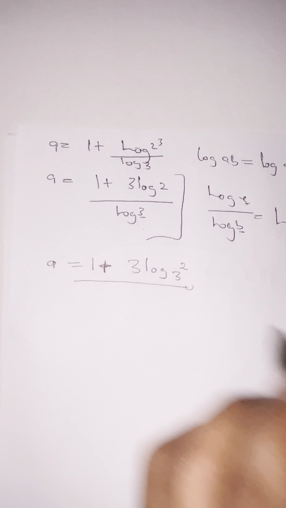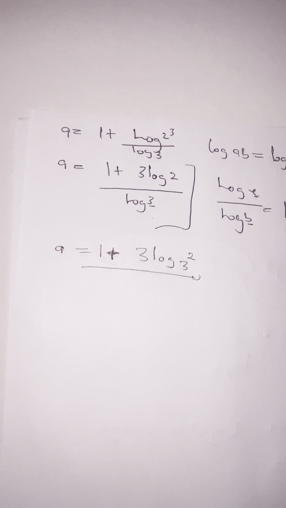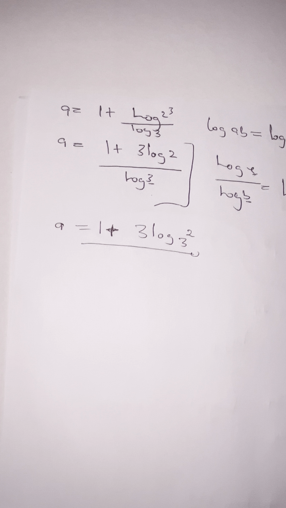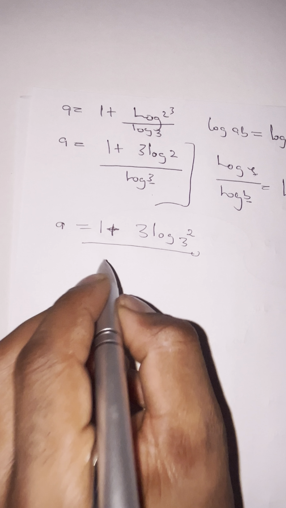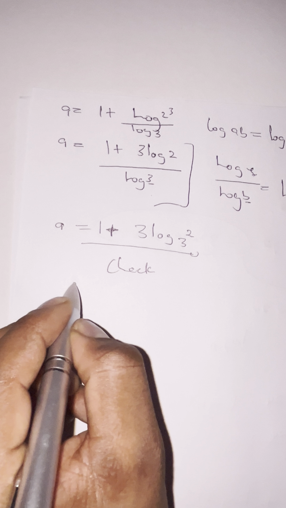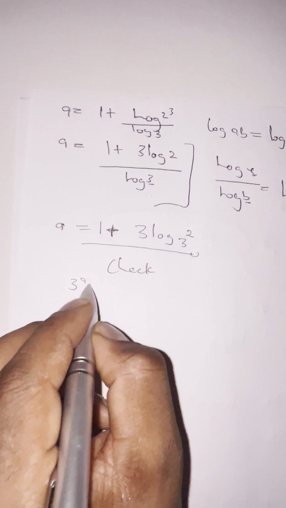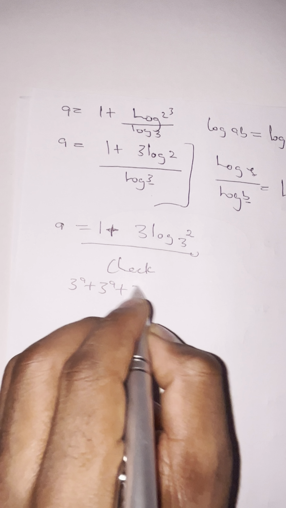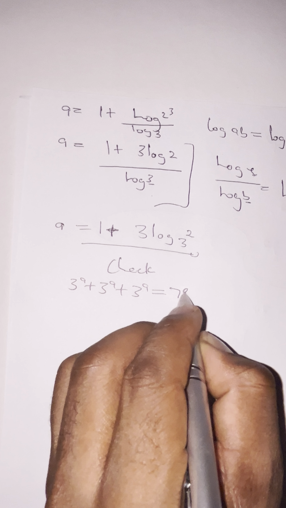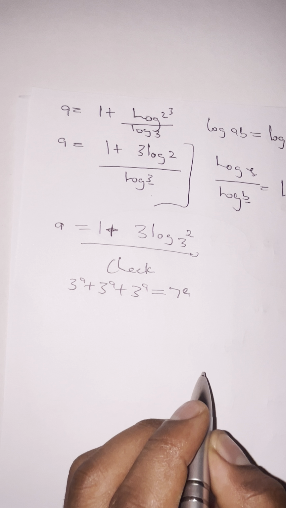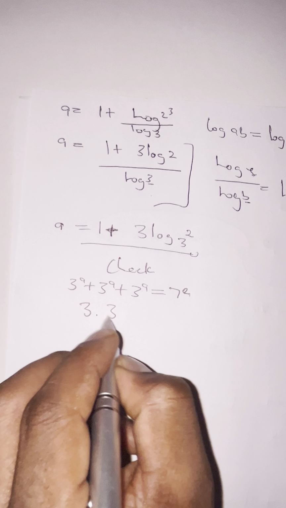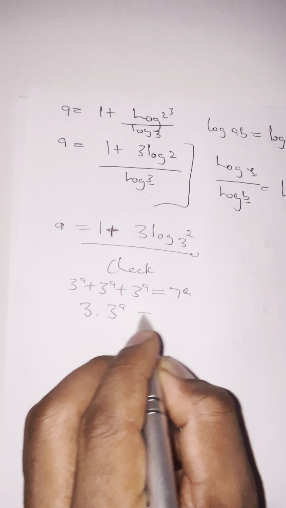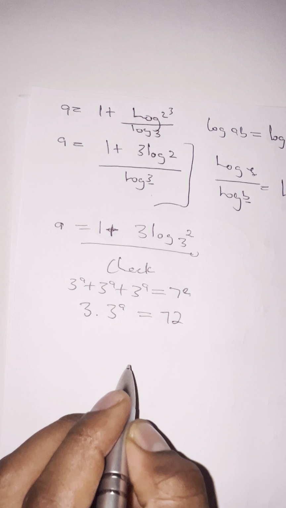This is our final equation. So what do you want to do? We want to check whether it is the same as our original. Let's check. 3a plus 3a plus 3a is equal to 72.